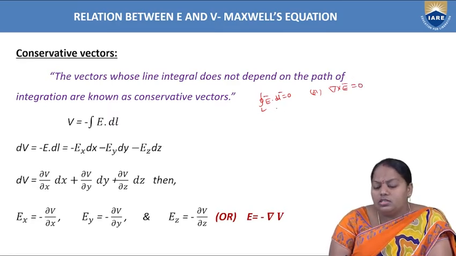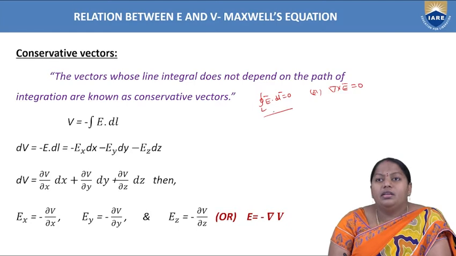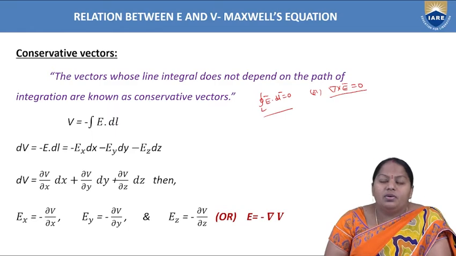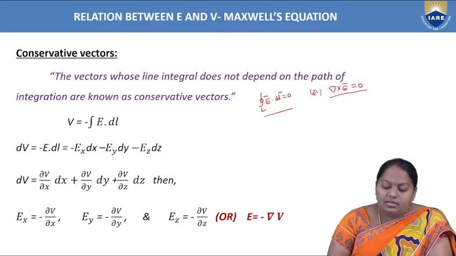The closed line integral L E dot dl equal to 0 is said to be the integral form of the second Maxwell's equation to be derived from the relation between electric field intensity E and electric potential V. Now, del cross E equal to 0 is said to be the point form or differential form of the second Maxwell's equation for electrostatic fields.